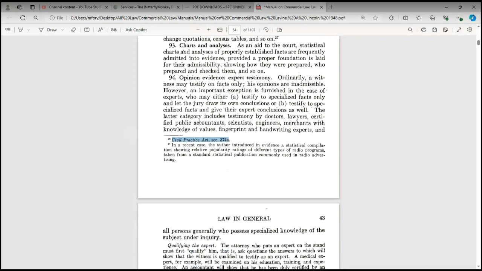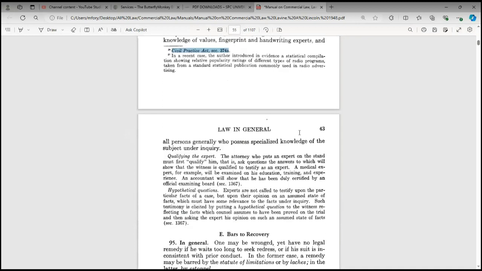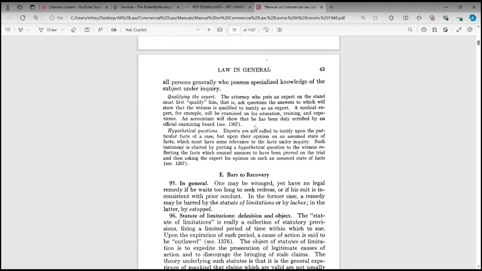The latter category includes testimony by doctors, lawyers, certified public accountants, scientists, engineers, merchants with knowledge of values, fingerprint and handwriting experts, and all persons generally who possess specialized knowledge of the subject under inquiry.